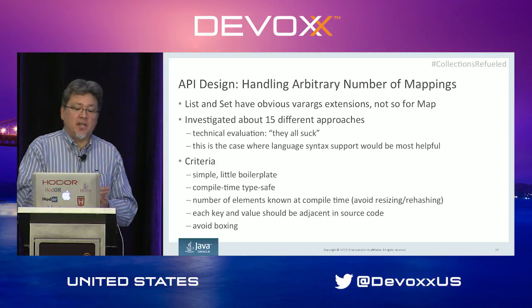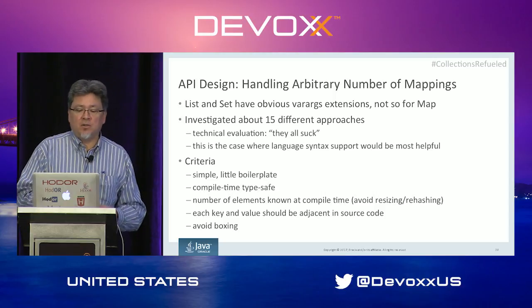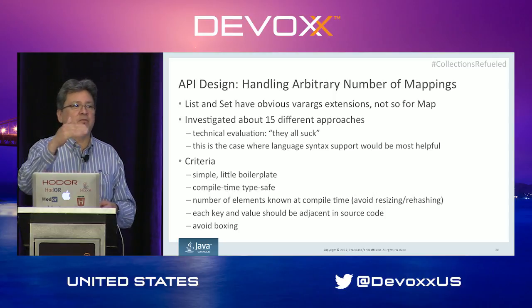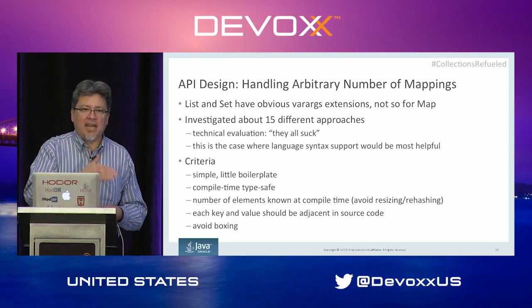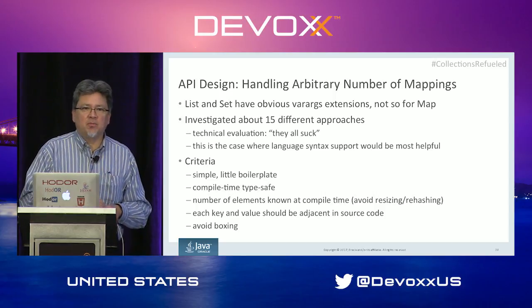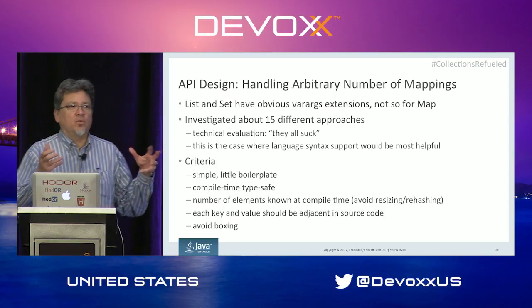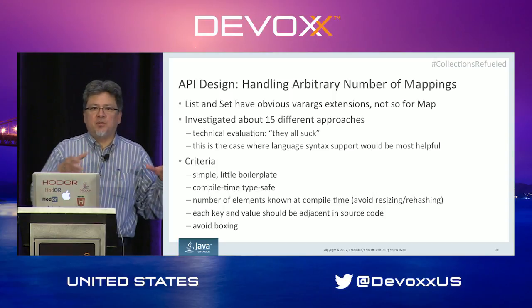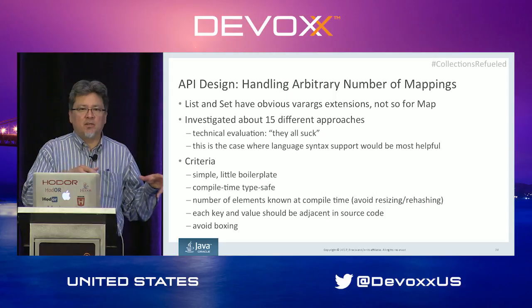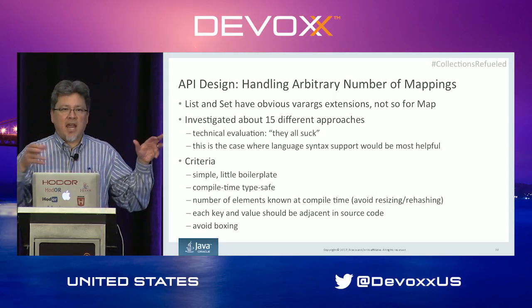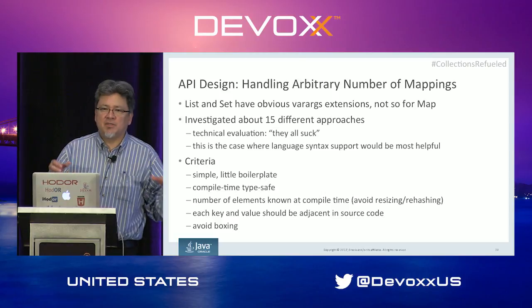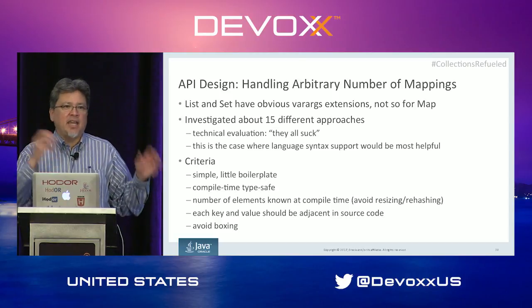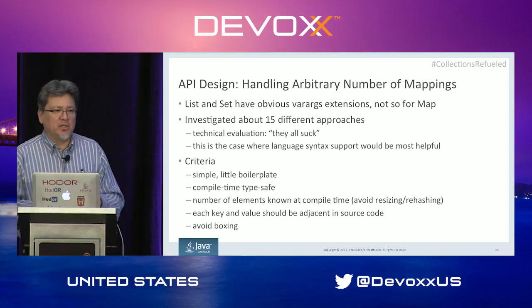Another thing is we wanted the number of elements to be known at compile time. An alternative was to have a builder, where you just call build, add, or something like that. The problem there is that in the process of building, you have to accumulate those, and that could involve successive reallocations and copies, because you don't know how many times the guy is going to add entries before building the final map.